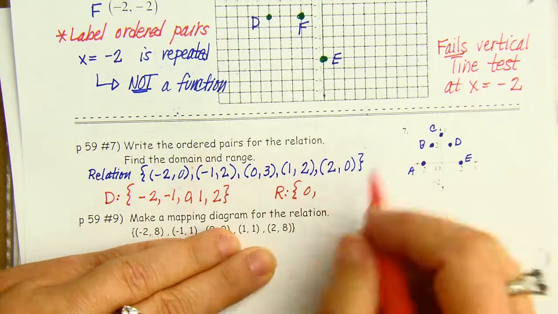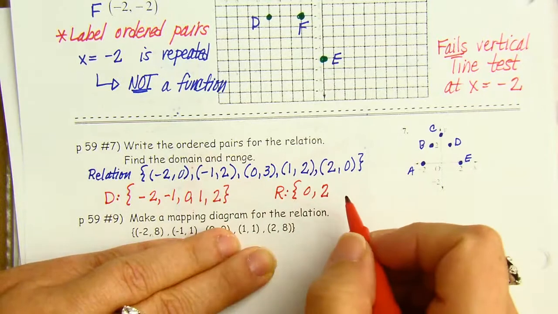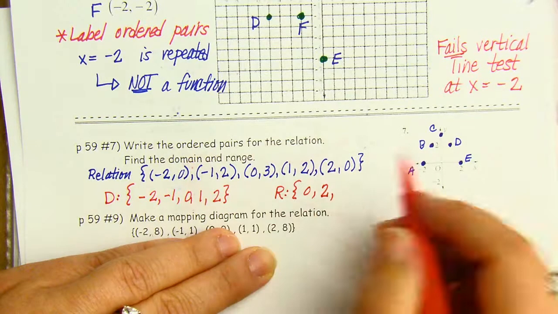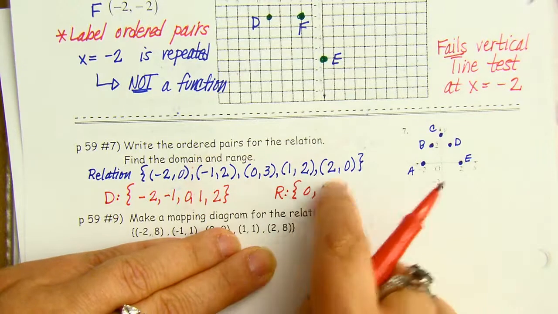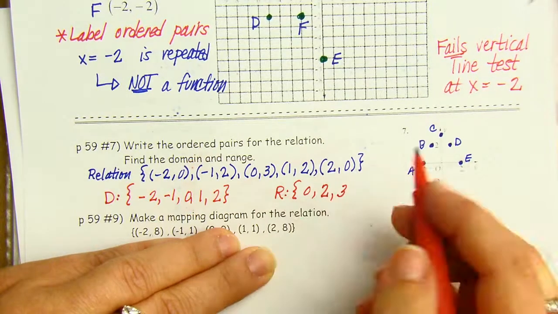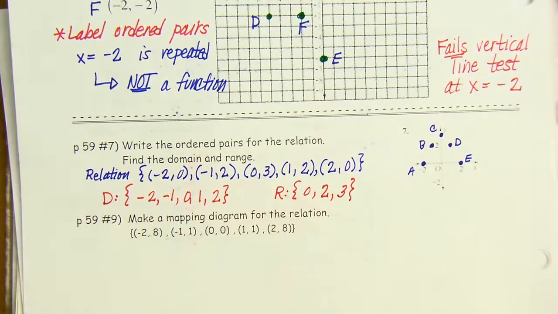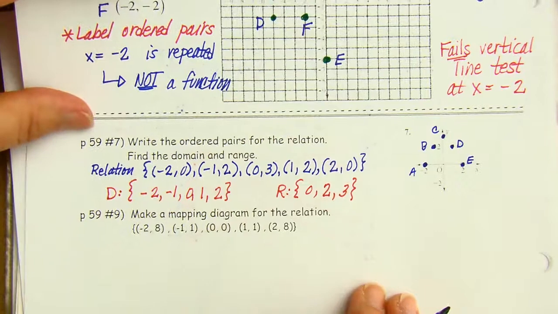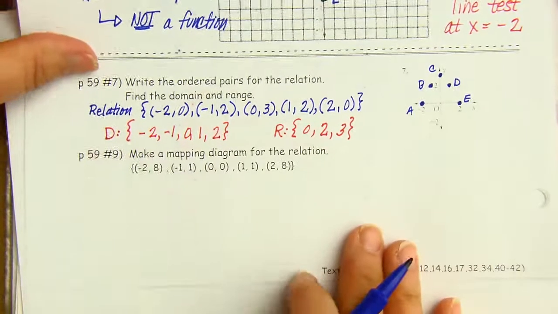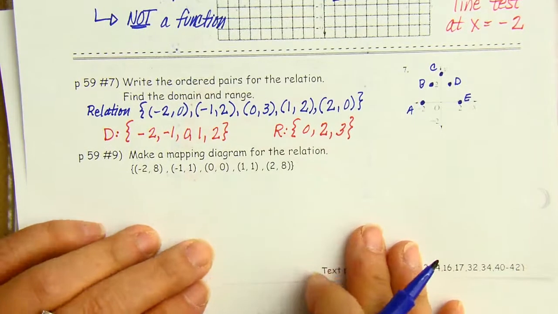I've got 2. I've got 3. I've got 2, but it's already in there. And I've got 0, but it's already in there. And so I only write them one time. Write each element just one time. You should not be writing these more than one time. Again, if you have a question, please ask, either in class or on the homework discussion.